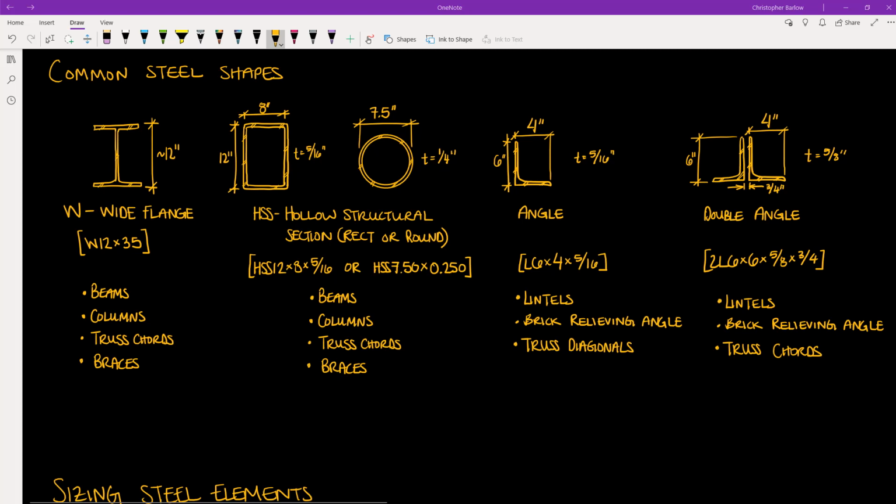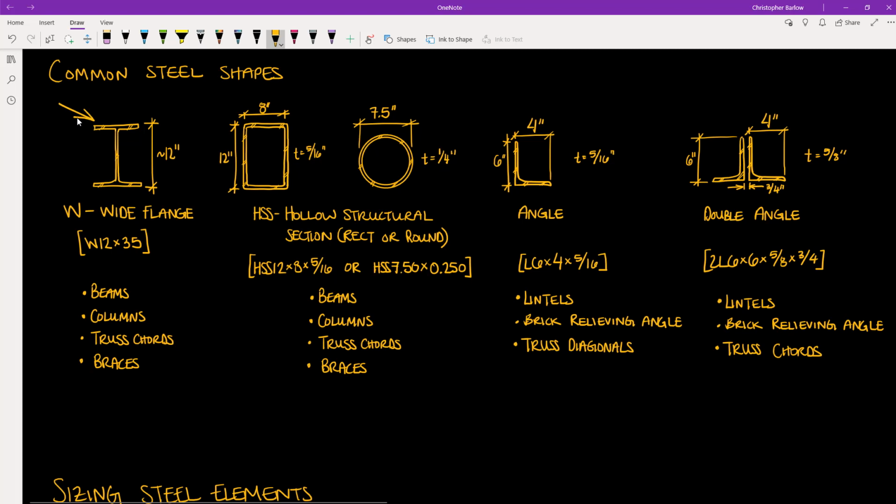So before we jump into sizing steel elements, let's quickly talk about some of the common steel shapes that you'll find on a typical project. And we've already talked about a few of these. For example, the wide flange section we've talked about pretty extensively in our discussion of bending elements and beams.